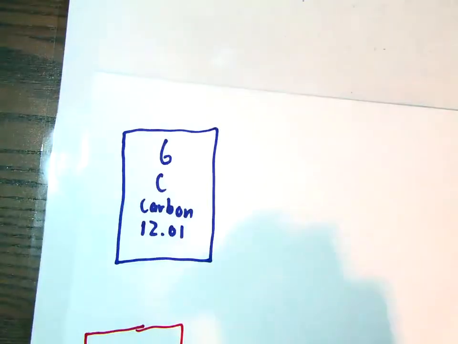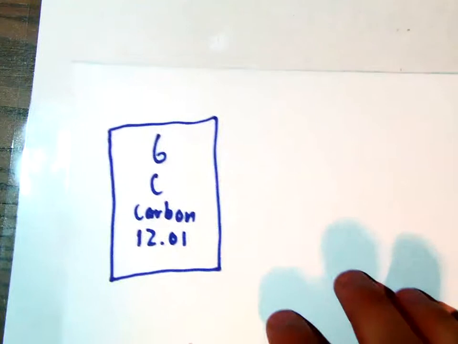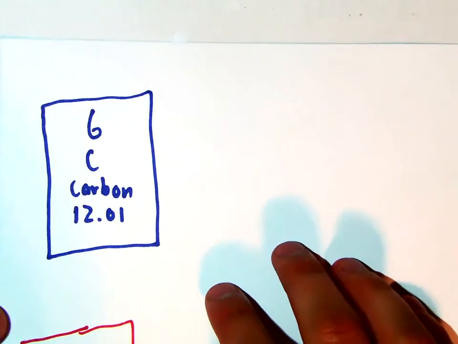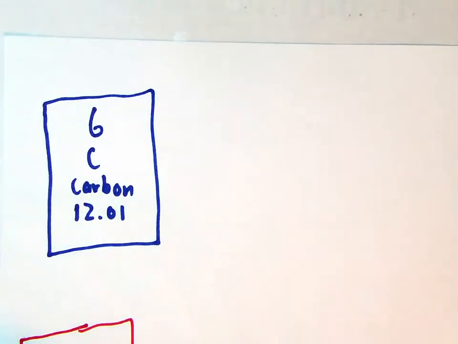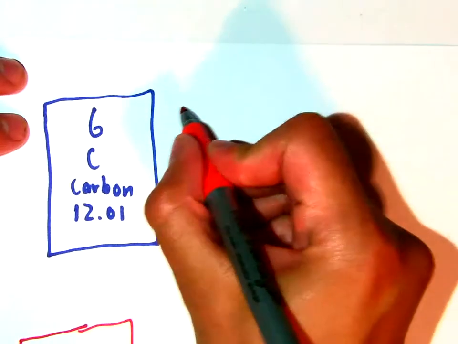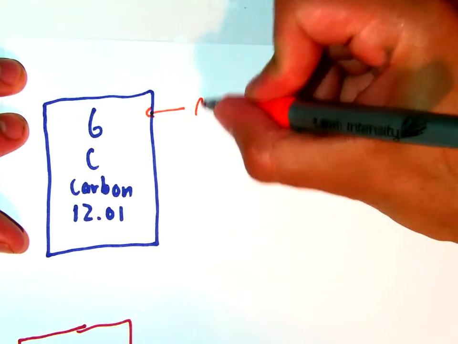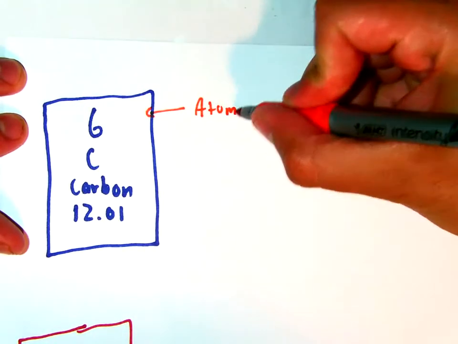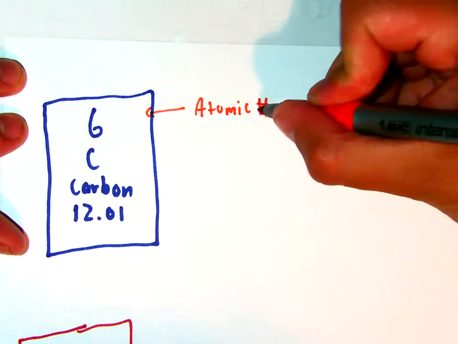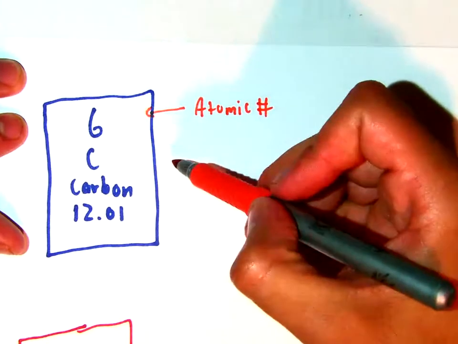So if I look at carbon, carbon's symbol looks like this, right? If we look at the top number, that's what I call my atomic number. That is my atomic number. Okay, that's my symbol.